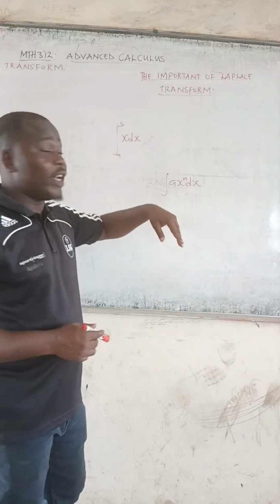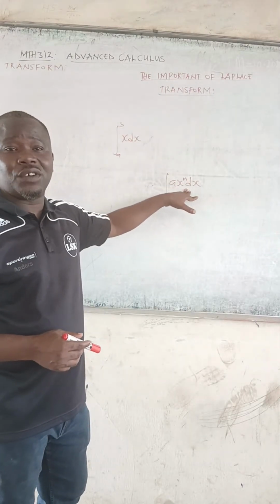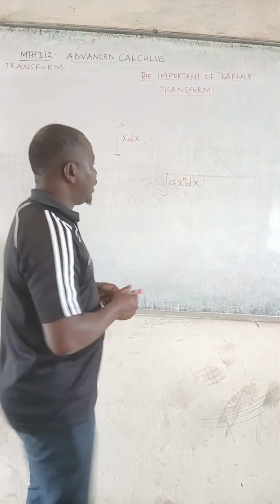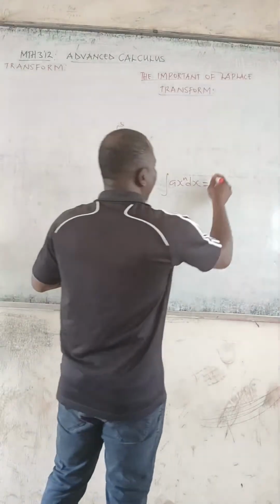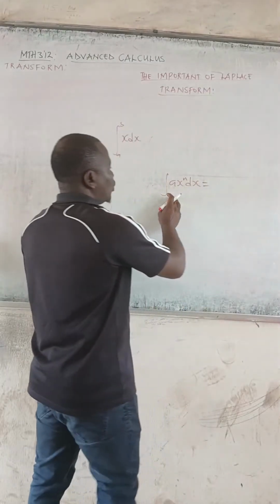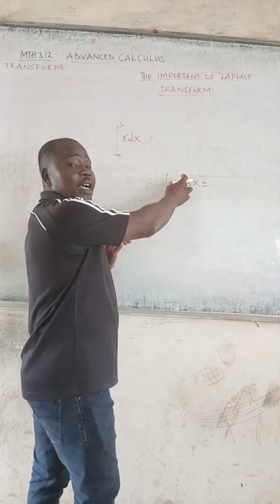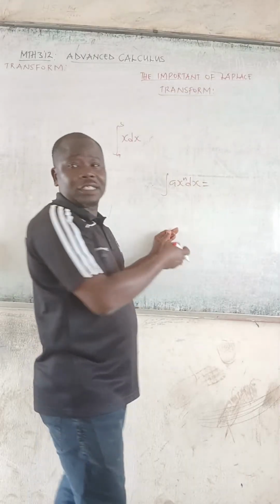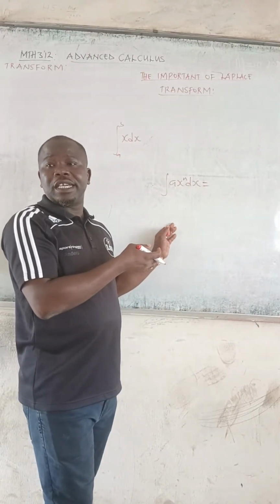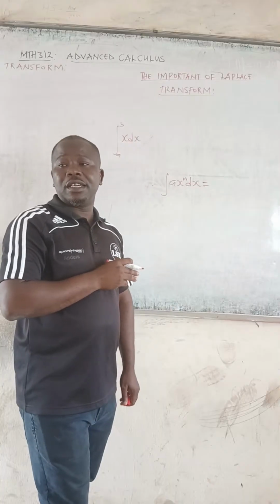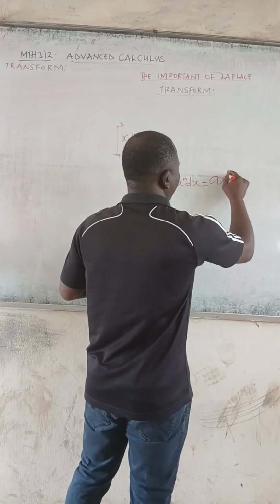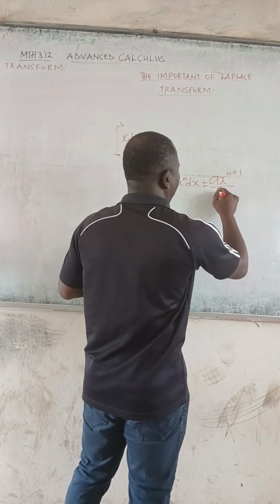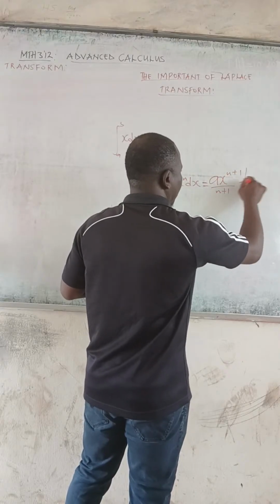Whenever you are asked to integrate any function, this is the formula. This power, you are going to add 1 to it, then divide. So you are going to have ax raised to the power of n plus 1 all over n plus 1, plus a constant.